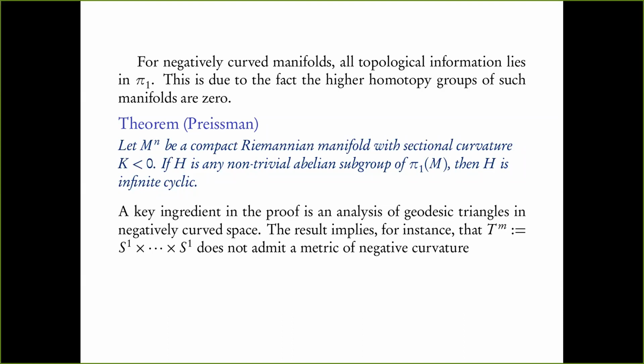This T^m does not admit a metric of negative sectional curvature. So I'll pause here for a moment and let everybody think for a minute or two. Can you say why the theorem implies that this cannot admit a metric of negative curvature, provided m is at least 2?